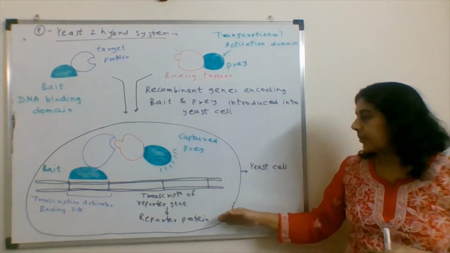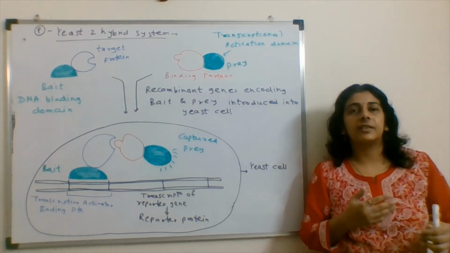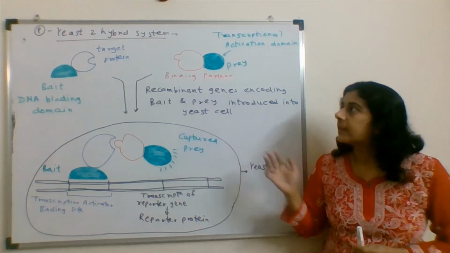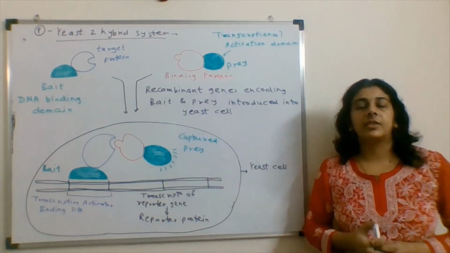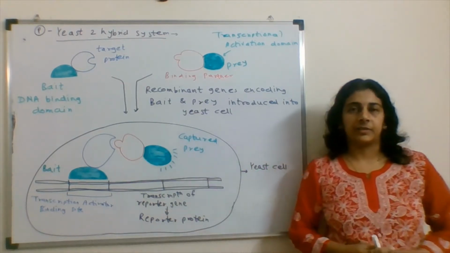So the presence of reporter protein will show us whether this interaction is taking place or not. In this way, this yeast 2 hybrid system is used to understand the protein-protein interaction.